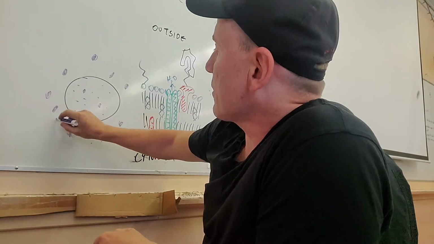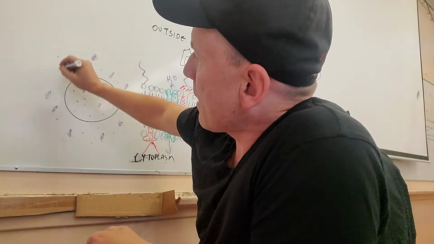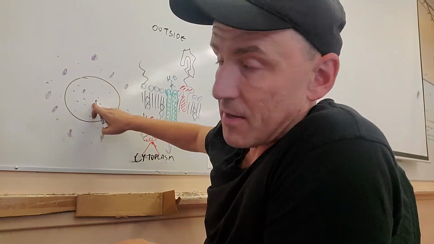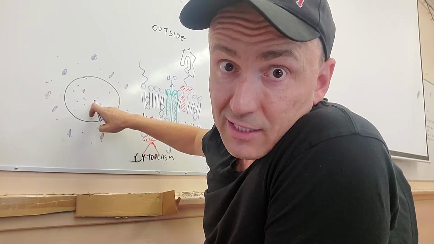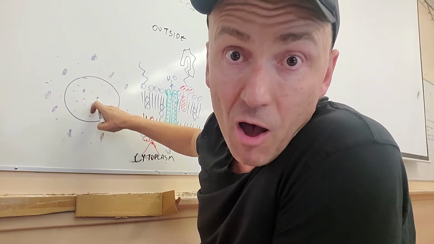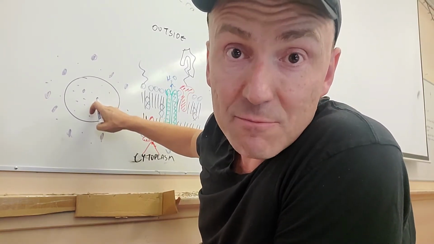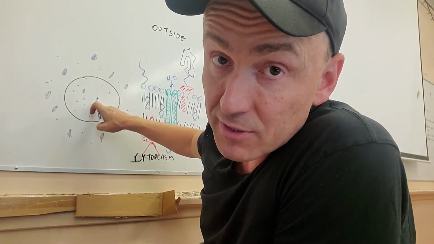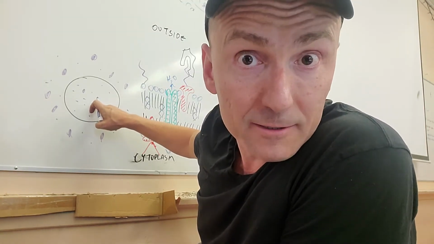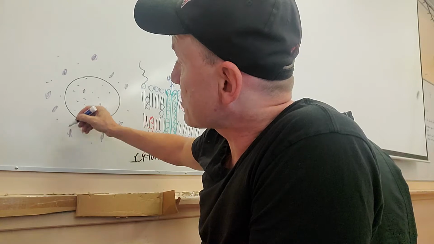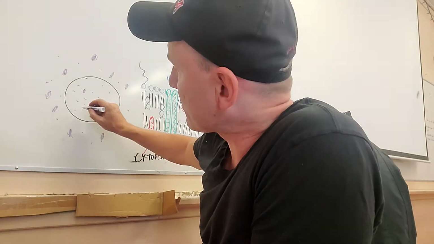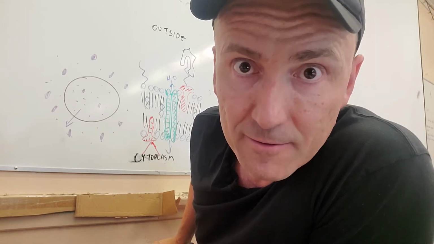So there's water inside and outside. Now, there's a greater concentration of water in here. It is hyperosmotic in the interior. If it's hypotonic, which refers to the solute, then it's hyperosmotic. That means there's a concentration gradient, an osmotic gradient, of water wanting to move out of the cell.